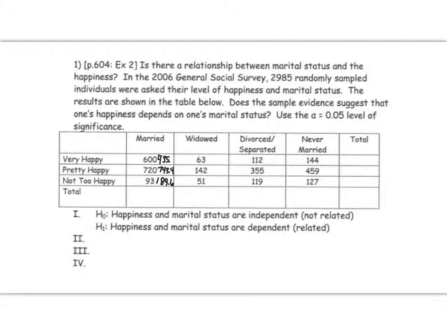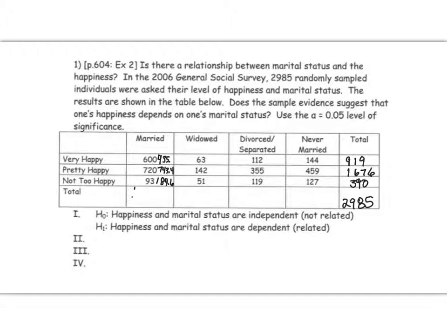And then this would be, oh, I probably should go and write down my totals first. That was 919, 676, 1676, 390. And when I total that up, I get 2985.